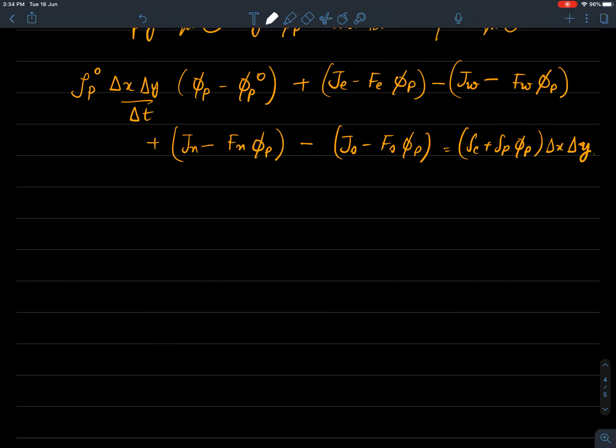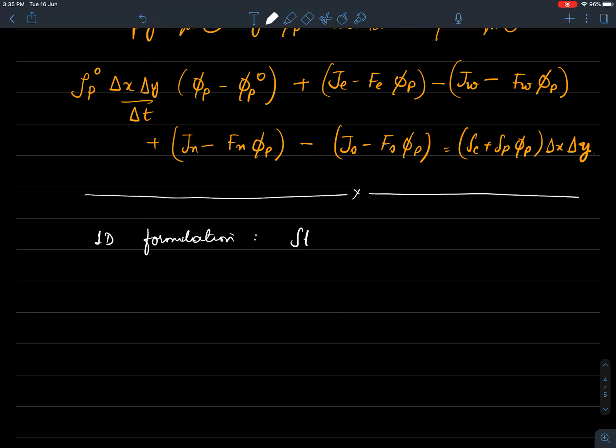To go further from this point, let me take you a few steps back, and as a breaking point, let's just look at the 1D formulation that I have presented so far. The 1D formulation that we were looking at was based on the steady state equation, which said that dJ dx is 0 was the governing equation for that problem.